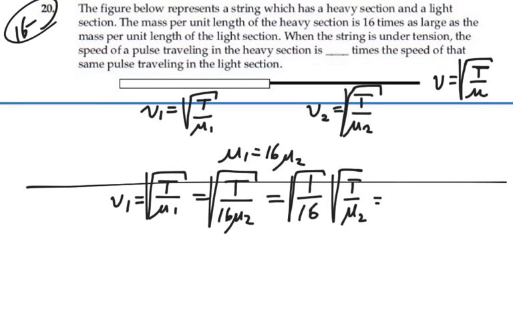The square root of 1 over 16 is 1/4, so this is 1/4, and then the square root of T over mu2 is velocity 2. So the velocity 1 of waves in that section is 1/4 of the velocity, or speed, of waves in the second section, or the light section. So our answer here is 1/4 times the speed of the pulse traveling in the light section.